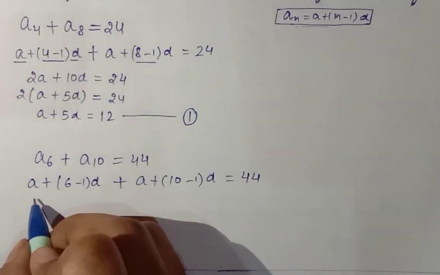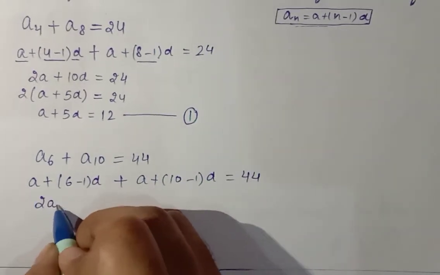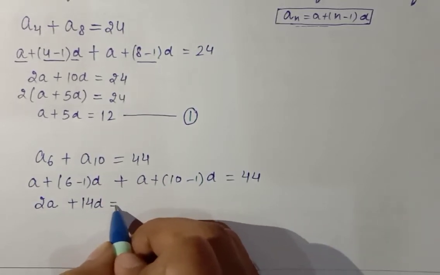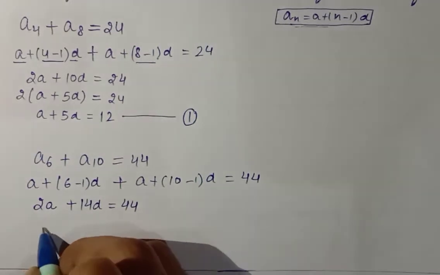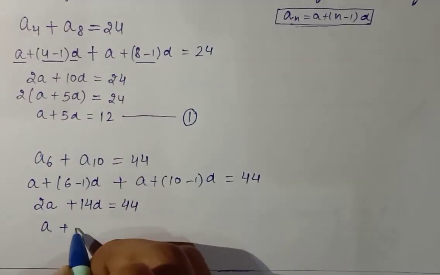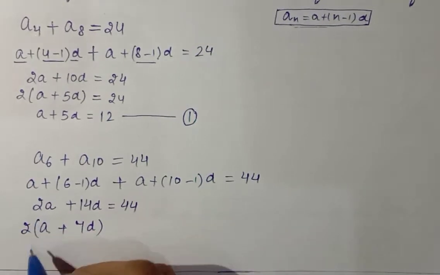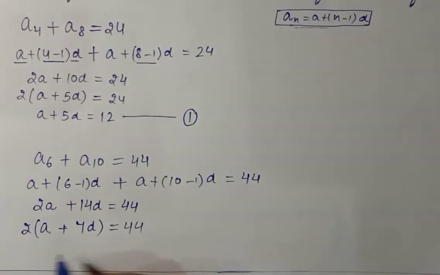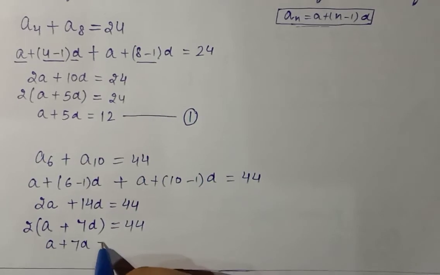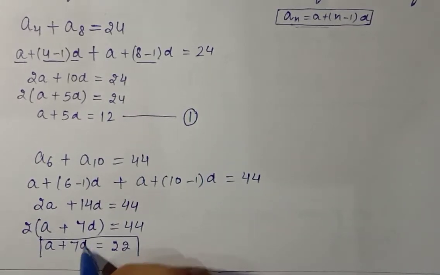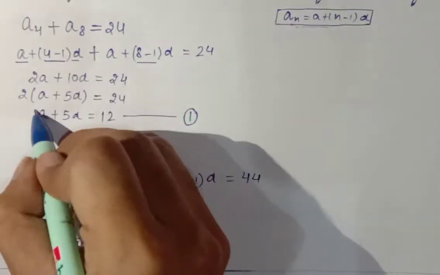So by solving this we get 2a plus 14d is equal to 44. Taking 2 common, a plus 7d into 2, our second equation becomes a plus 7d is equal to 22.